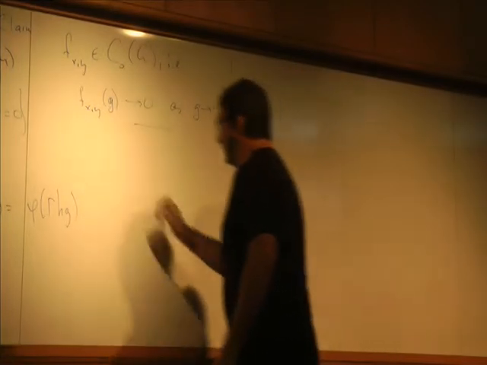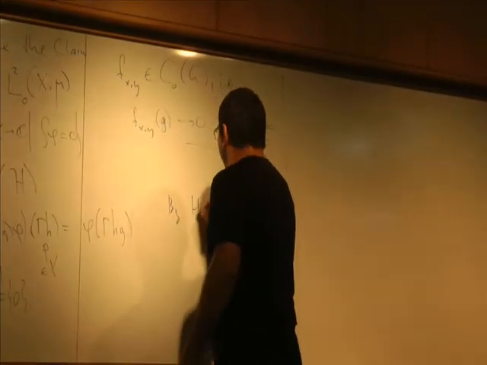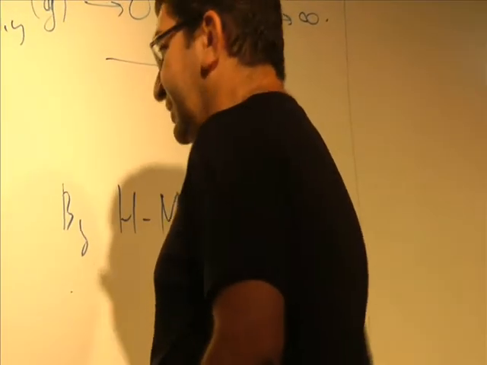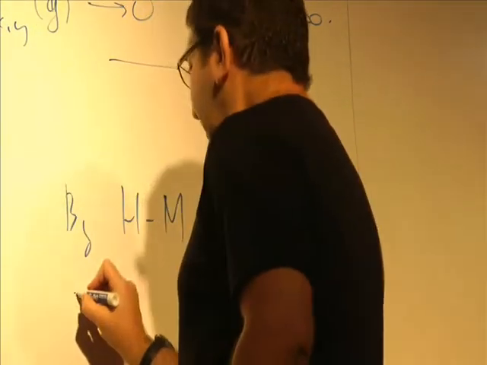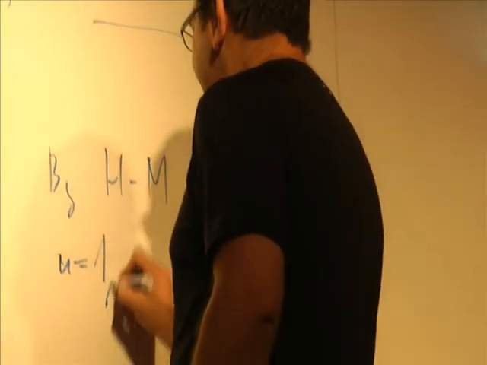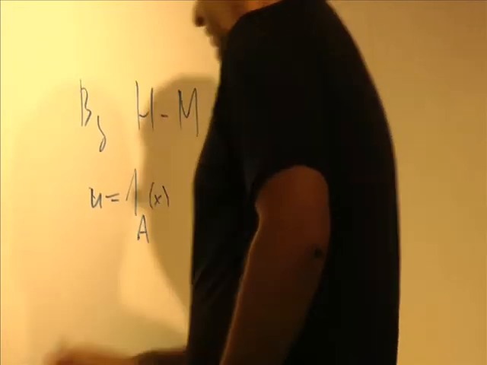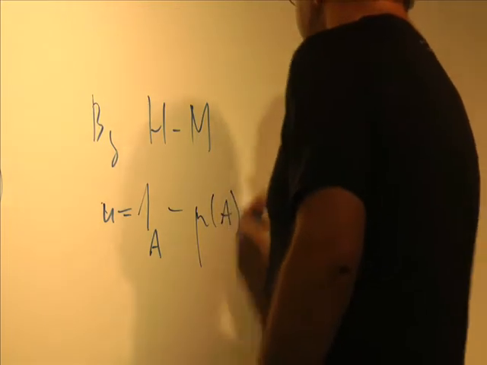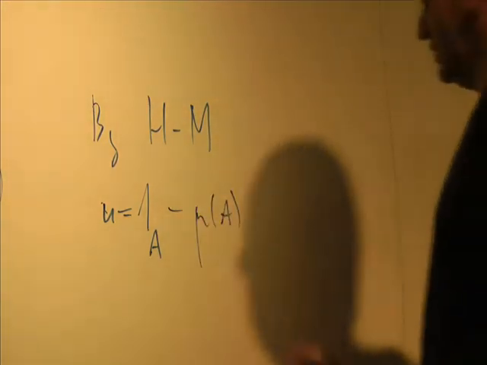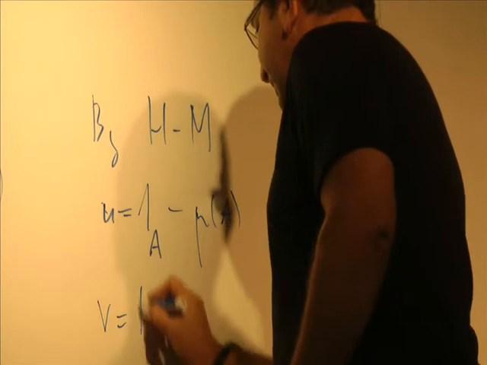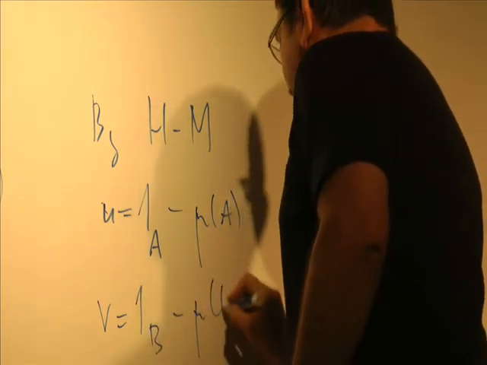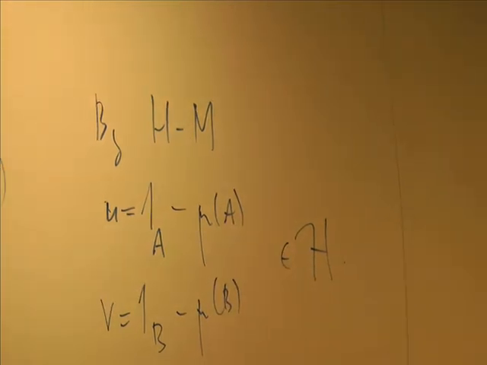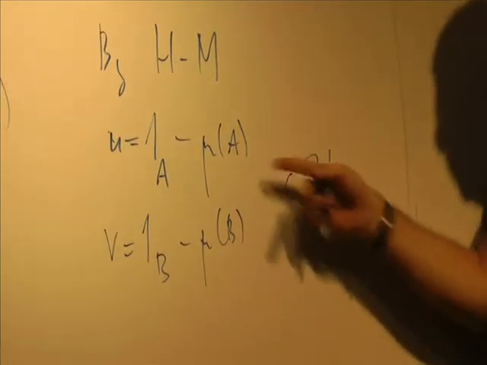Now, by Howe-Moore, if you have a vector u, which is the characteristic function of A minus a constant, which is the measure of A, such a function and such a function, they're both in my Hilbert space. These are L2 functions, bounded with 0 integrals.